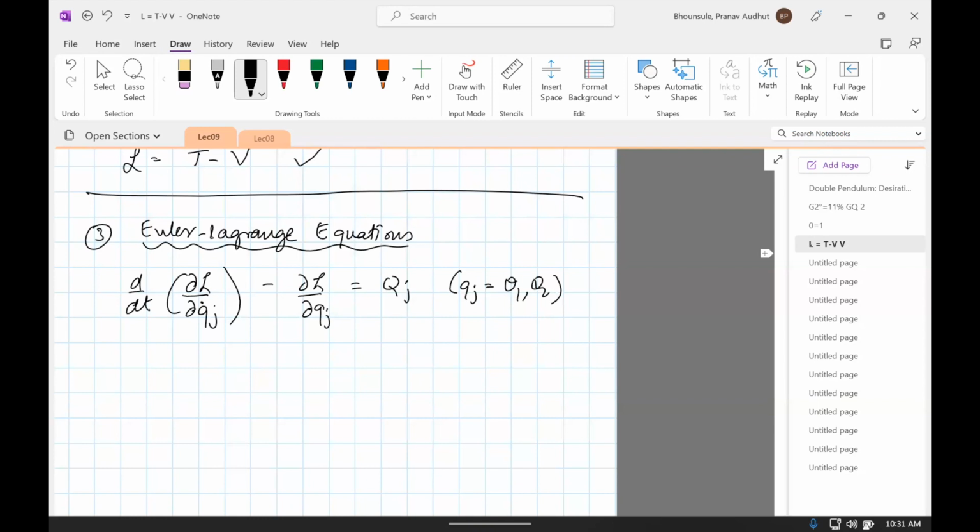So you'll end up with two equations. Here it turns out that there are no external forces, so Qj will be 0 for both degrees of freedom. So use that to compute the two equations. Yeah, I'll show you this and then we'll go for the next part of animation.